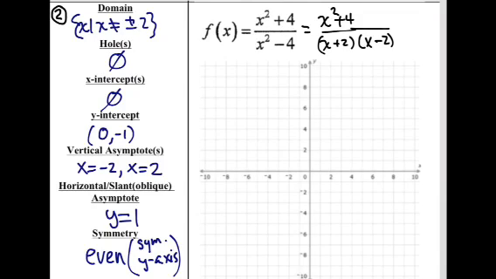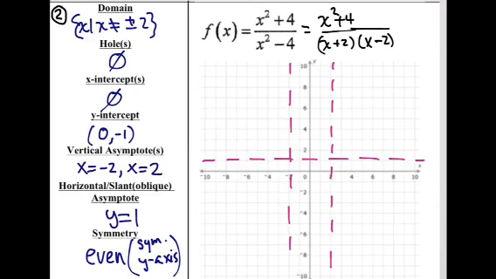Intercepts, the asymptotes first. So this one, x equals 2, x equals negative 2, and then y equals 1. Okay, and then we have, let's see, 1 intercept, the y-intercept, (0, -1).